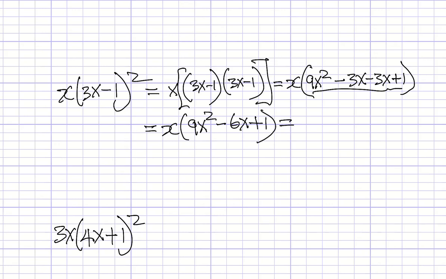And then now we get rid of the bracket. We get 9x cubed minus 6x squared plus x. You see that? We're done. That's what we're looking for. I think we did it right. We didn't make any mistakes. Okay, so we'll continue to the next one.